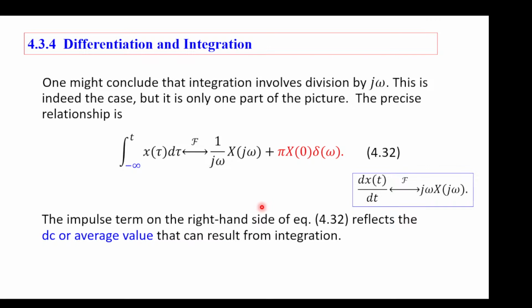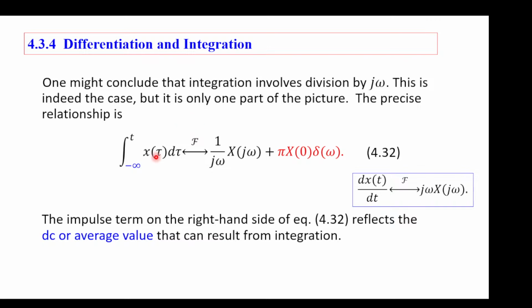But integration is really weird. In the periodic case, we said integration doesn't work because a periodic signal basically cannot be integrated to get a final answer. But now we are aperiodic, so we can actually do integration.